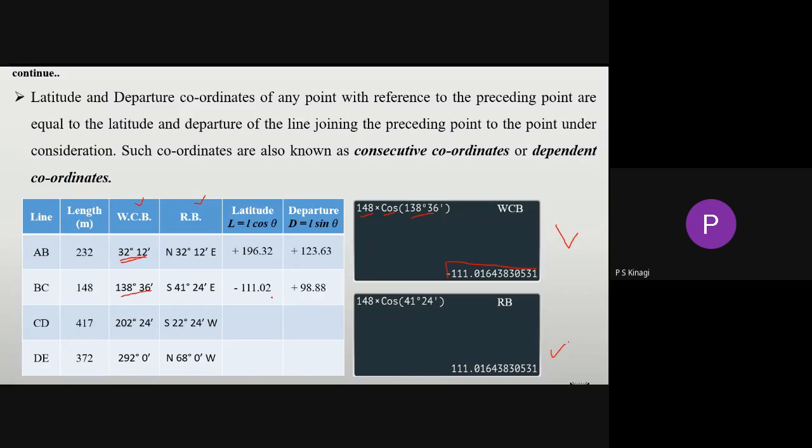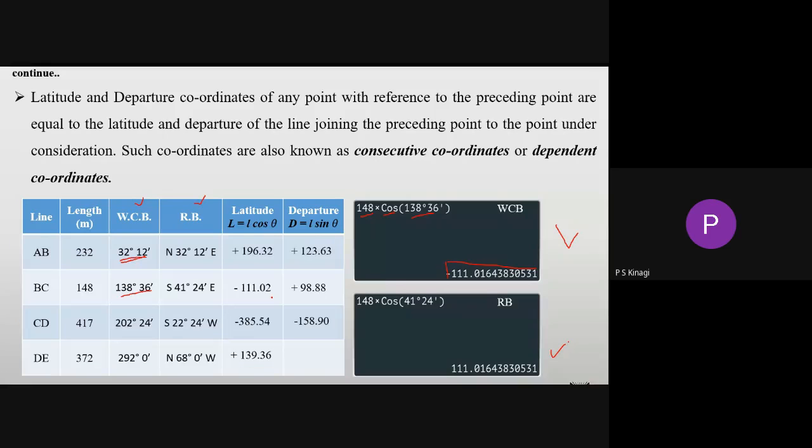Similarly, the departure value in the second quadrant is positive, so I have written here plus 98.88. Similarly, you can calculate using the L cos theta and L sin theta formulas for latitude and departure. We get for the CD line minus 385.54. Similarly, minus 158.90.